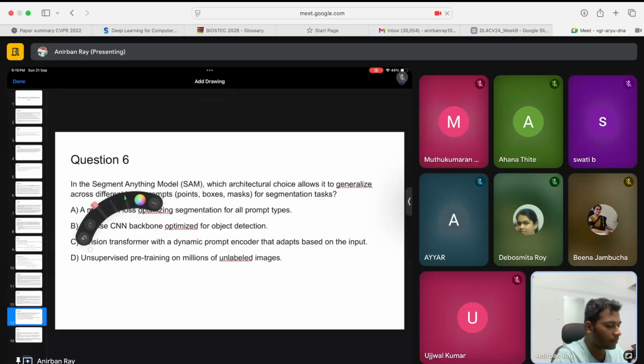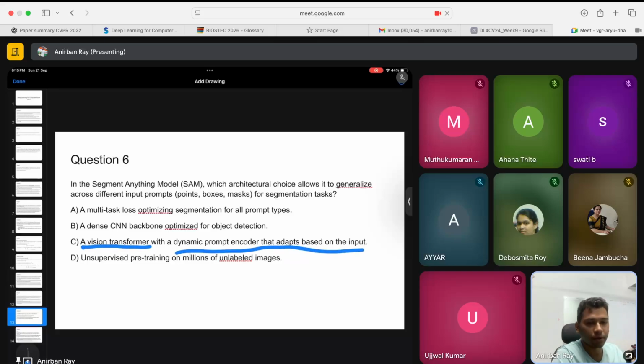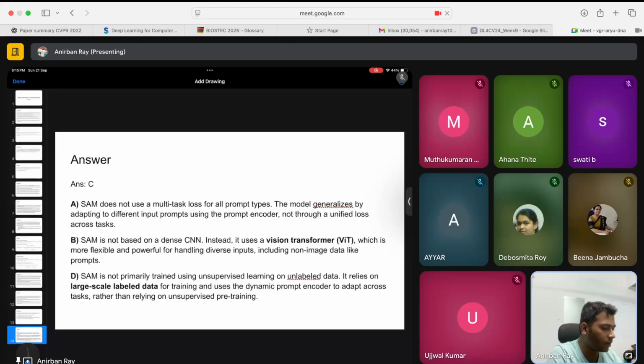We have seen in this presentation that when I was touching the image, it was giving a prompt on which part of the image to segment. So there is a prompt that it was giving.